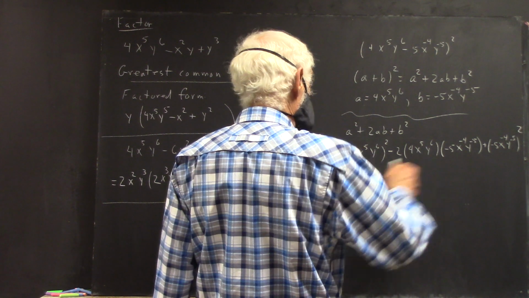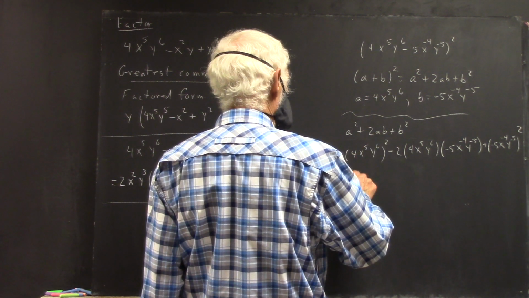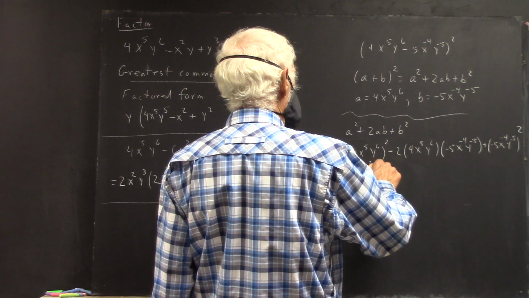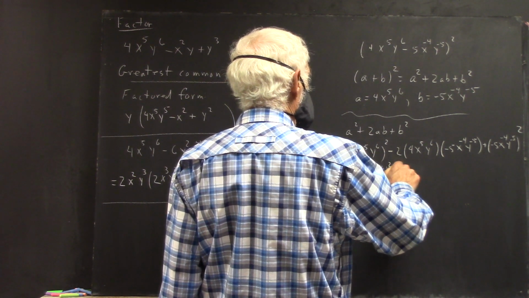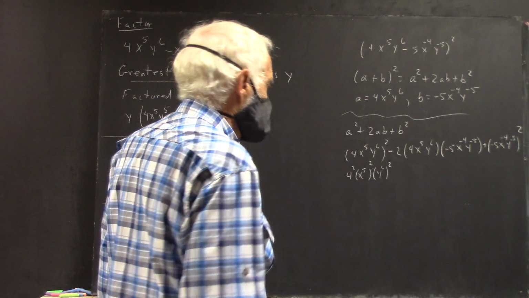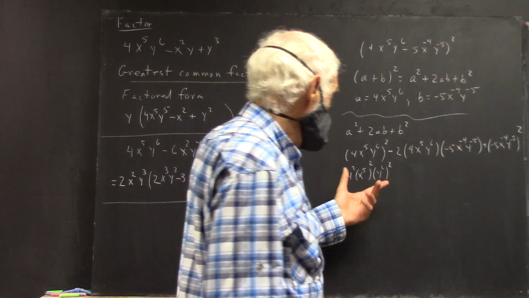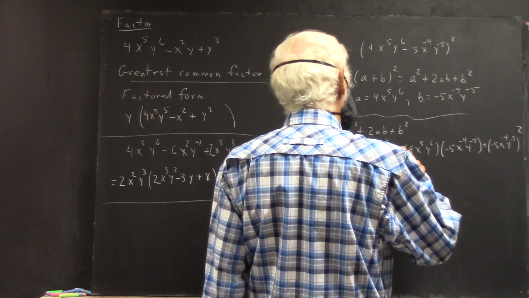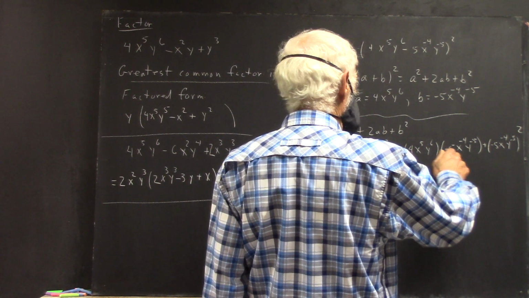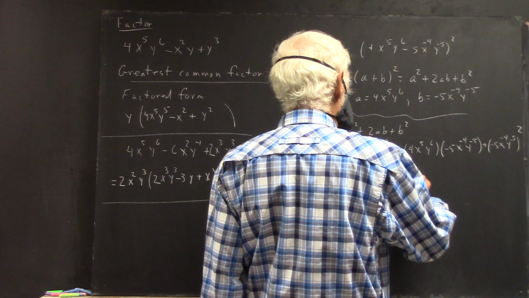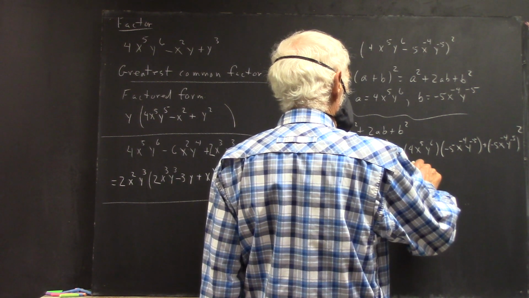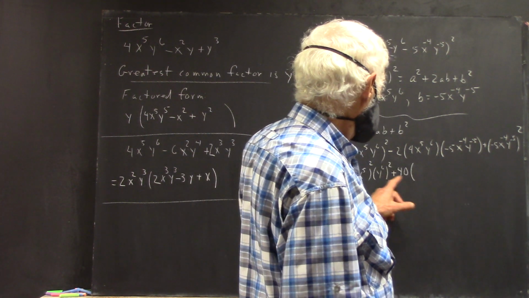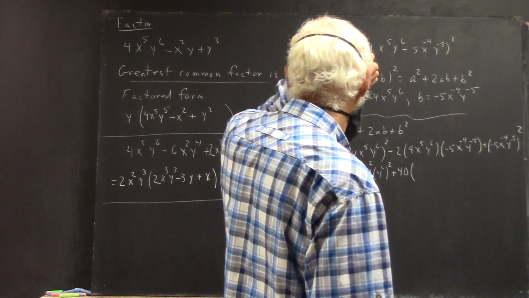Then you simplify. Squaring this, well, that's 4 squared times x to the fifth squared times y to the sixth squared. And then it's minus, well, minus 2 times 4 is negative 8 times negative 5 is plus 40. Check my arithmetic. So our numbers here multiply out to 40, so we're going to get a plus 40.